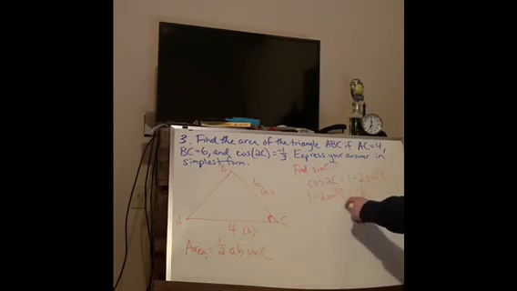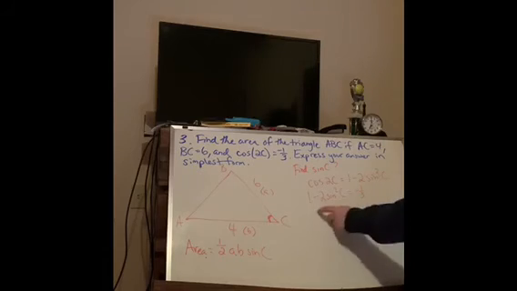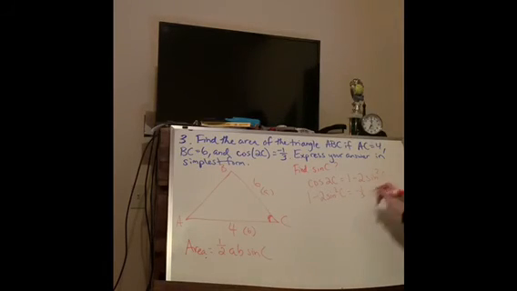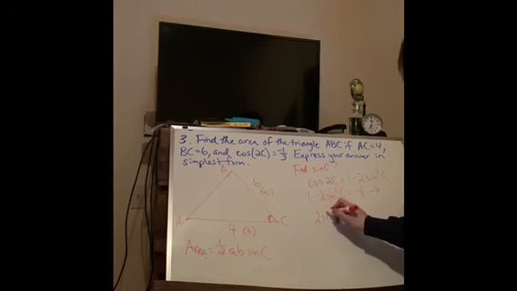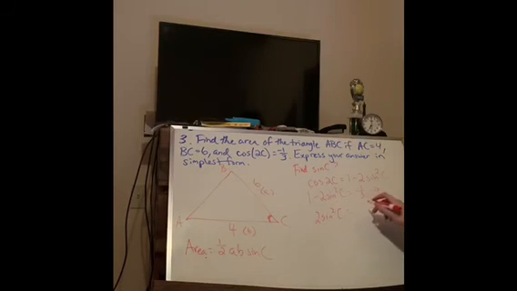We're going to add 2 sine squared C to this side, add 1/3 to that side, and we get 2 sine squared C is equal to 4/3. Multiply by 1/2. This should be 2/3.